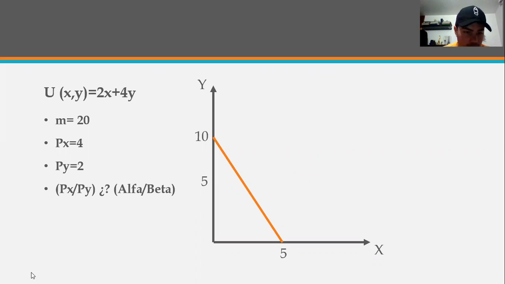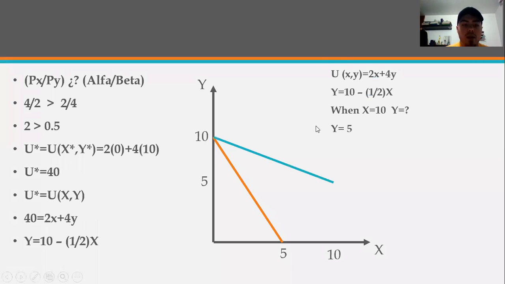As you can see, the prices are bigger, not less than alpha and beta. So with these values, we can find this utility that you are watching here on the left.